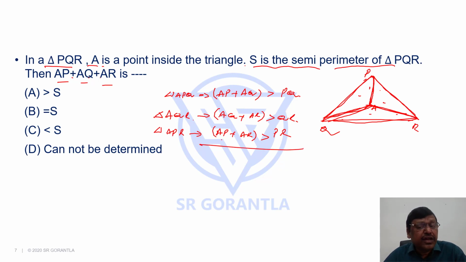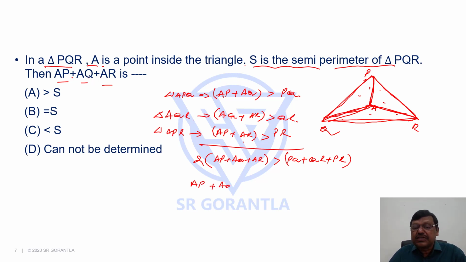If I add all the 3 inequalities here, we get 2 times AP, 2 times AQ, 2 times AR. So 2 times AP plus AQ plus AR is greater than PQ plus QR plus PR. If 2 goes to the other side, AP plus AQ plus AR is greater than PQ plus QR plus PR by 2.